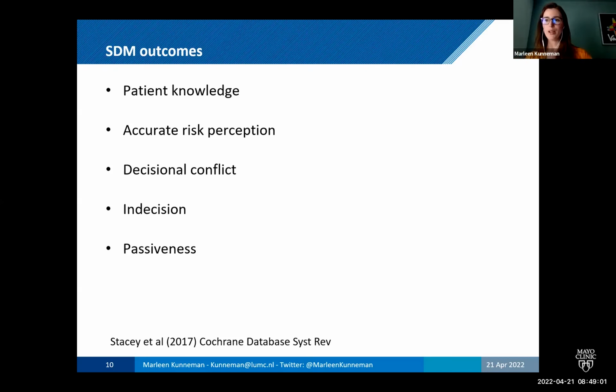How knowledgeable are patients about the options, the pros and cons, but also about their risks? Do they have accurate risk perception? Then we see many studies focusing on decisional conflict, about whether patients are indecisive about what to do. And also about passiveness, which actually goes back to the process of shared decision-making again.